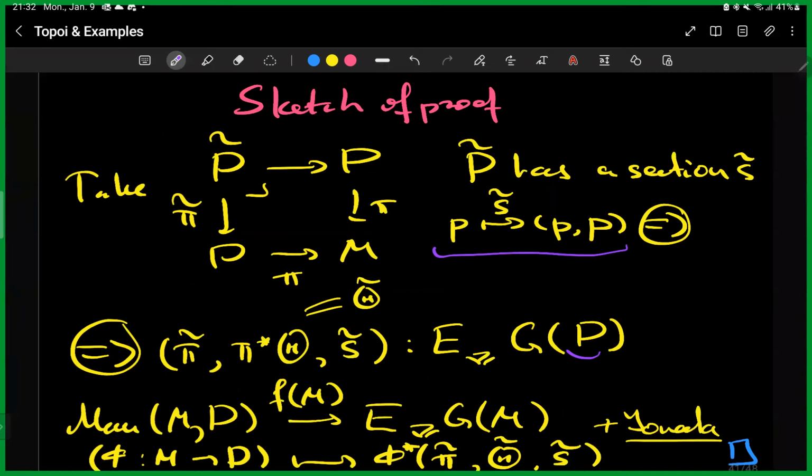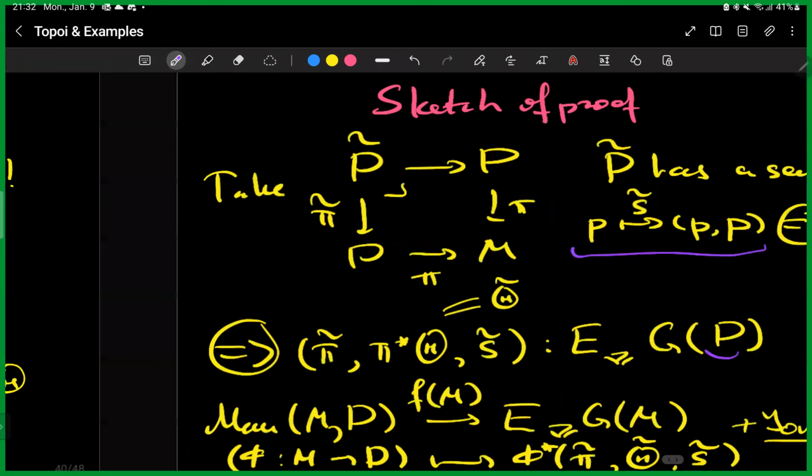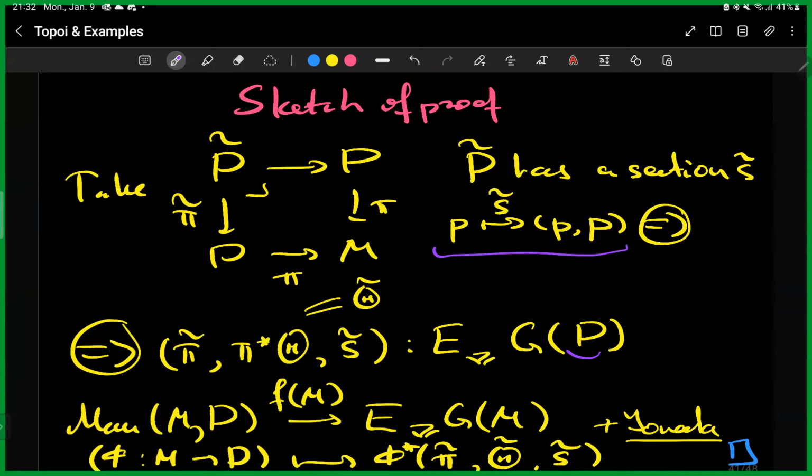But actually, if we have any manifold M, then we can define a map from... Sorry. Why do we have a section? Oh, well, just because we can map P into PP. So why is it a section? Well, because by construction the fiber is... No, the fiber is still G because we pull back a G bundle.